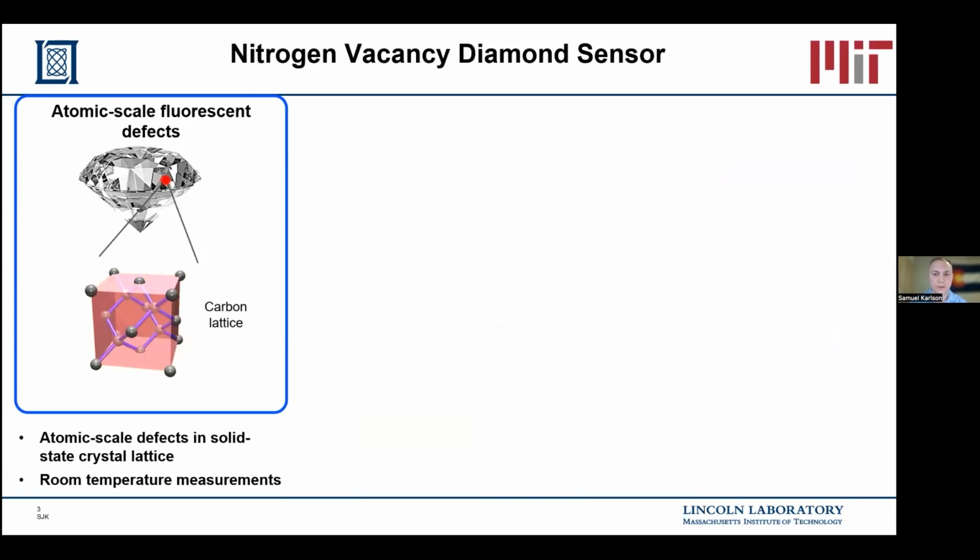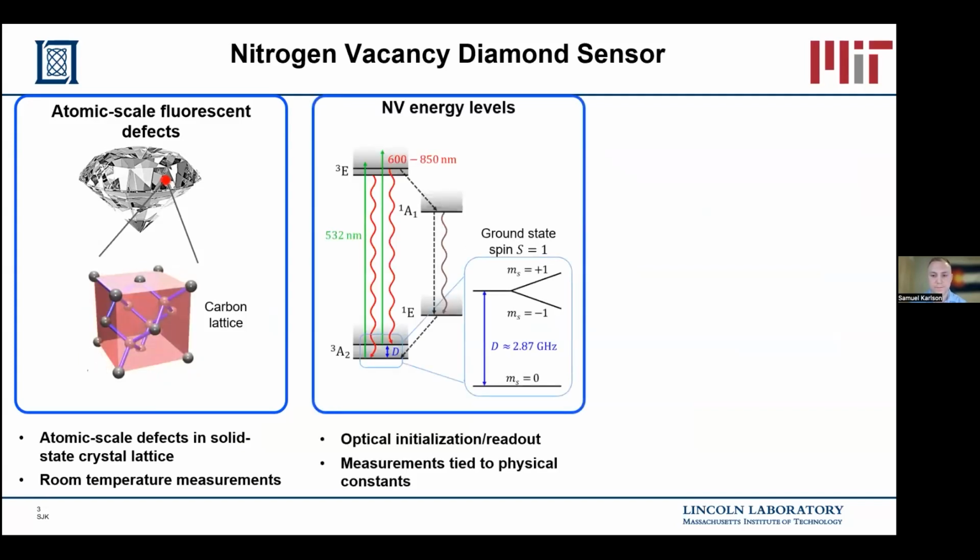Nitrogen vacancy centers are created by replacing a carbon with a nitrogen atom and removing an adjacent carbon atom in the diamond lattice. These solid-state systems are advantageous over other quantum sensors because they operate at room temperatures and do not require cryocooling. NV centers have stable energy levels suitable for quantum control.